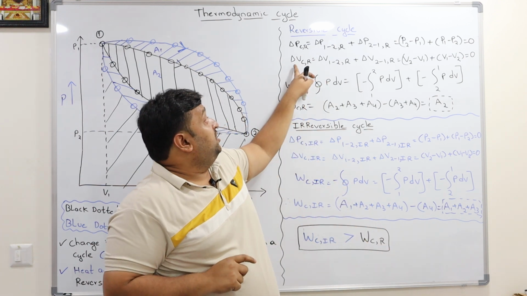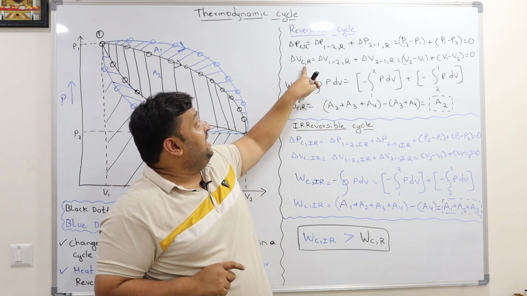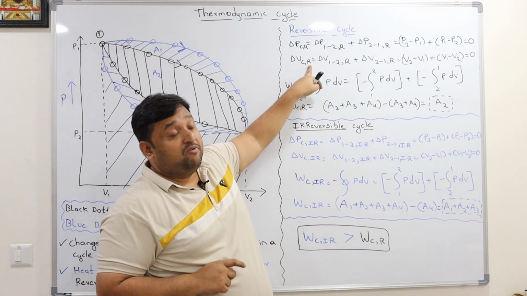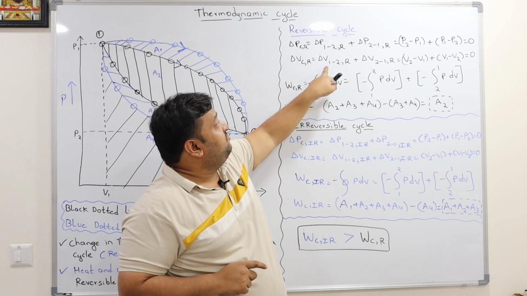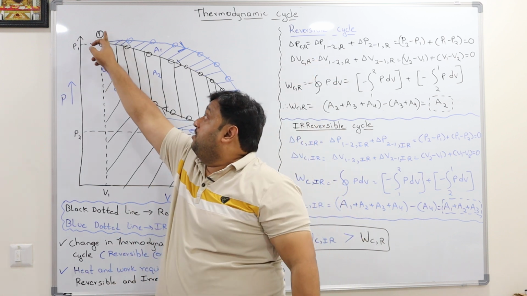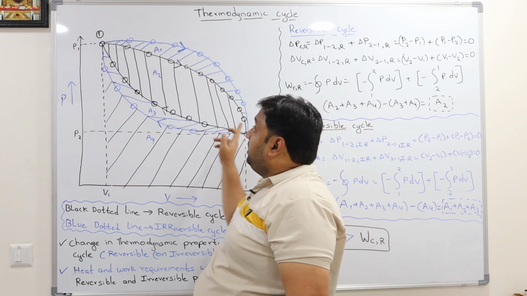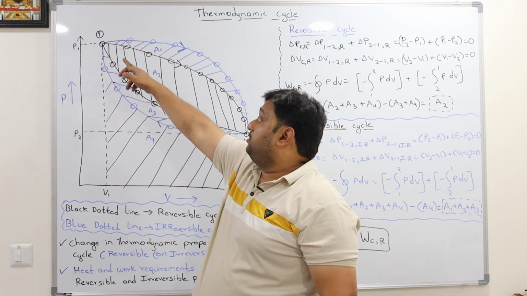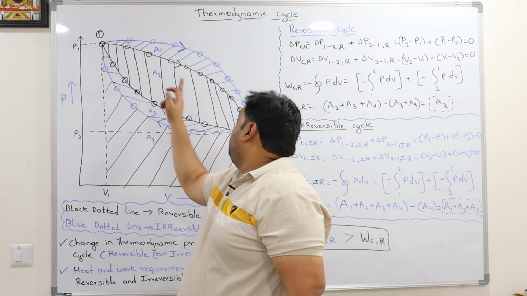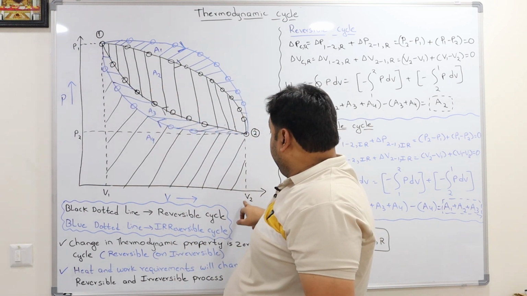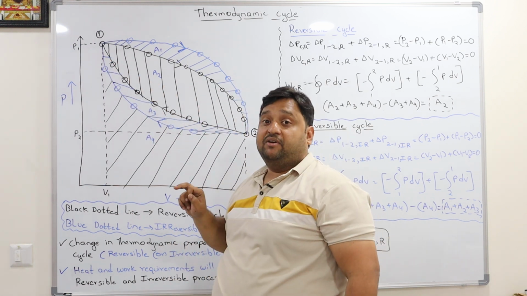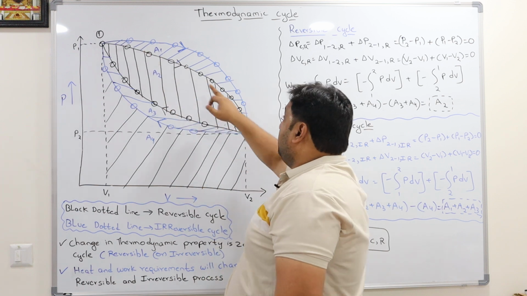The change in volume in a reversible cycle is the change in volume from state 1 to state 2 plus the change in volume from state 2 to state 1. From 1 to 2, the difference is V2 minus V1, the first one, the black one.